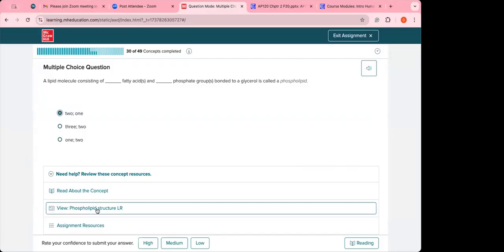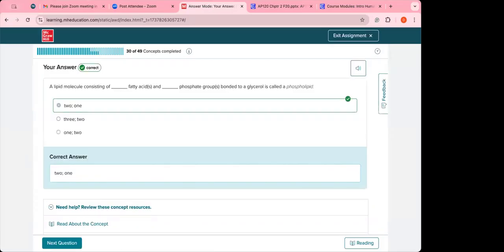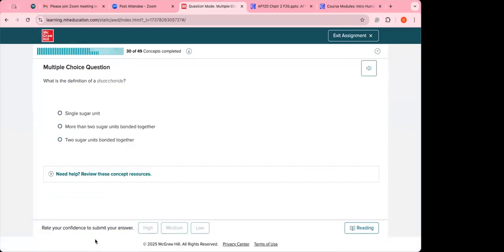Okay, so now the next thing says, what does it say?